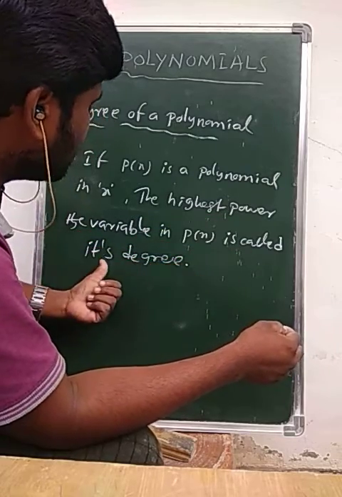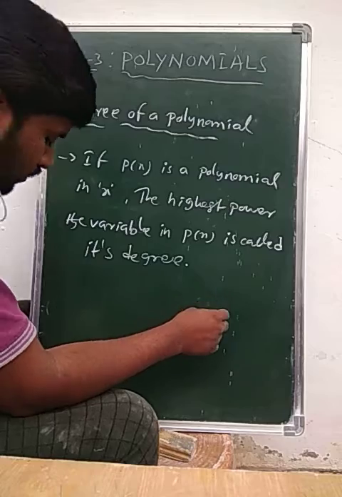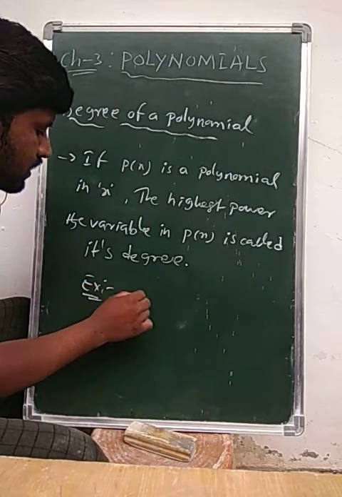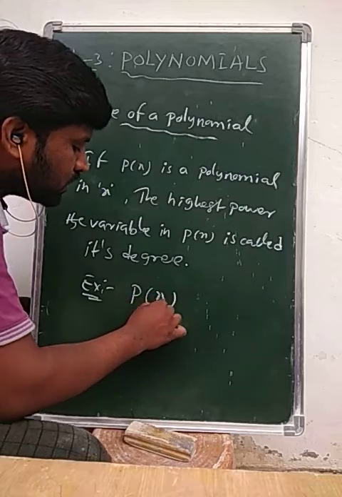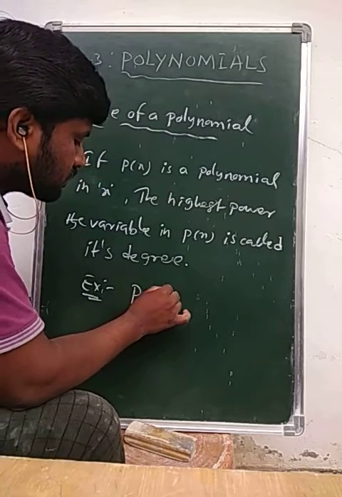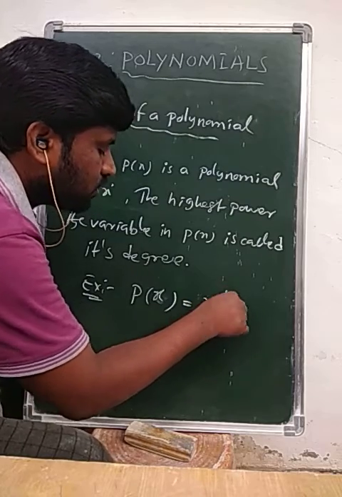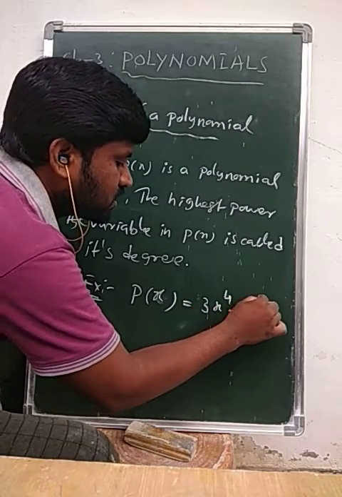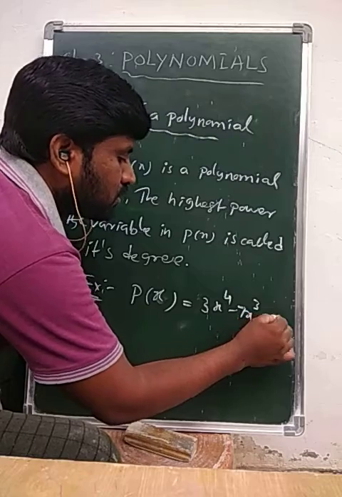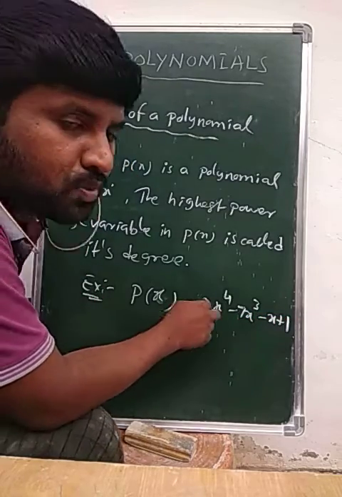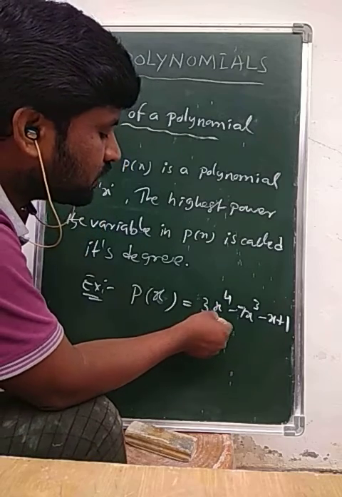For example, I am taking one polynomial with variable x: 3x to the power of 4 minus 7x cube minus x plus 1. It is a polynomial in variable x.